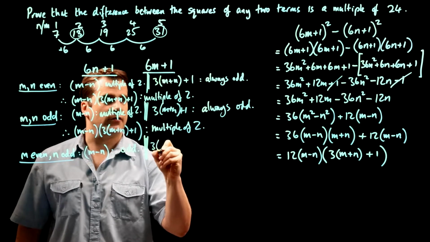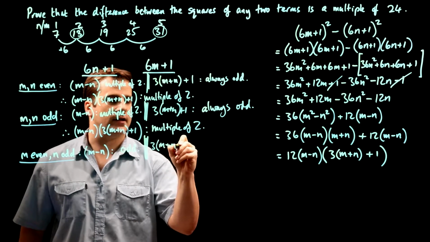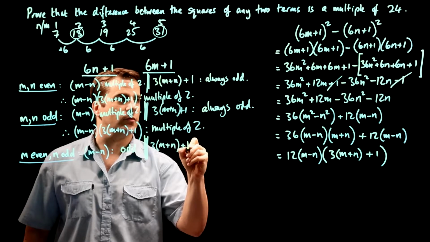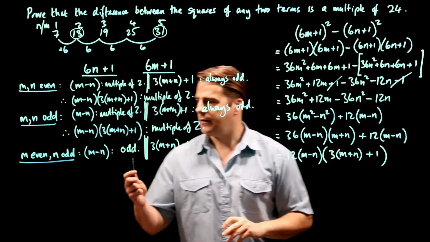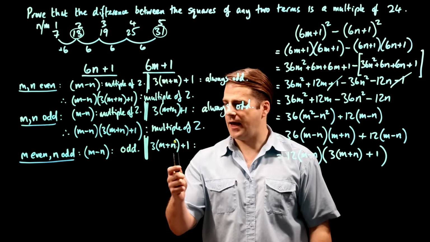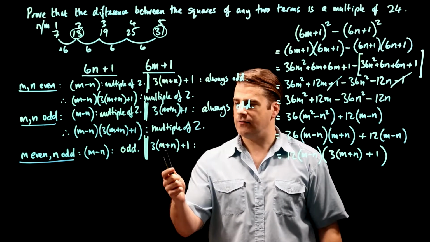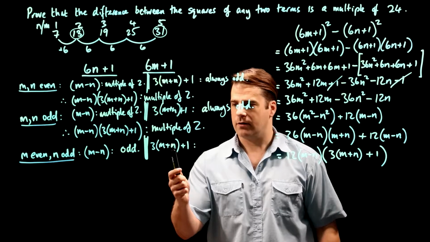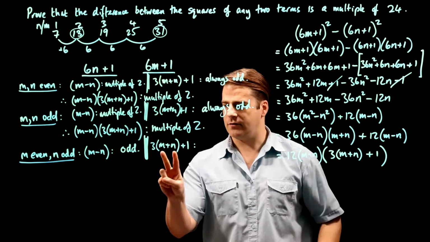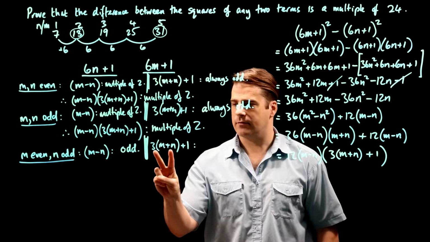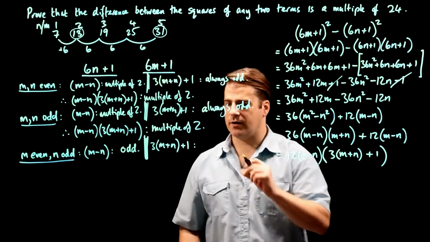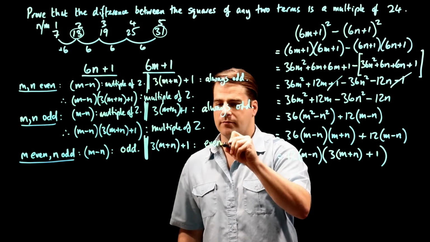What about 3m plus n plus 1? m is even, n is odd. That's an even number plus an odd number. That bit is always odd. 3 times an odd number is an odd number. An odd number plus 1 is an even number.